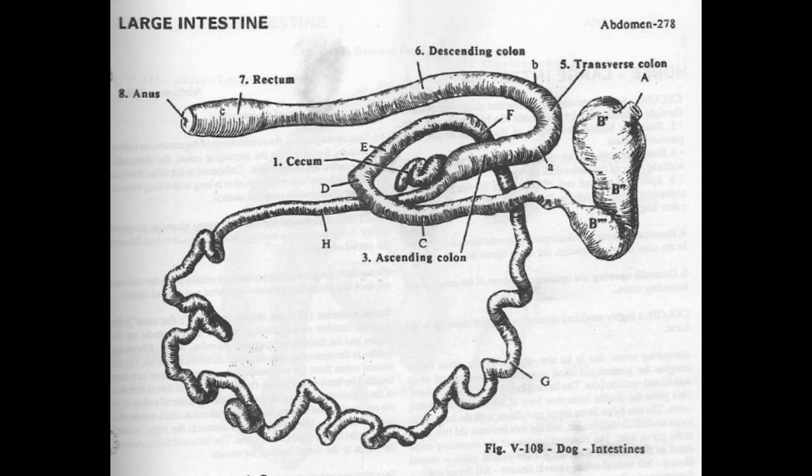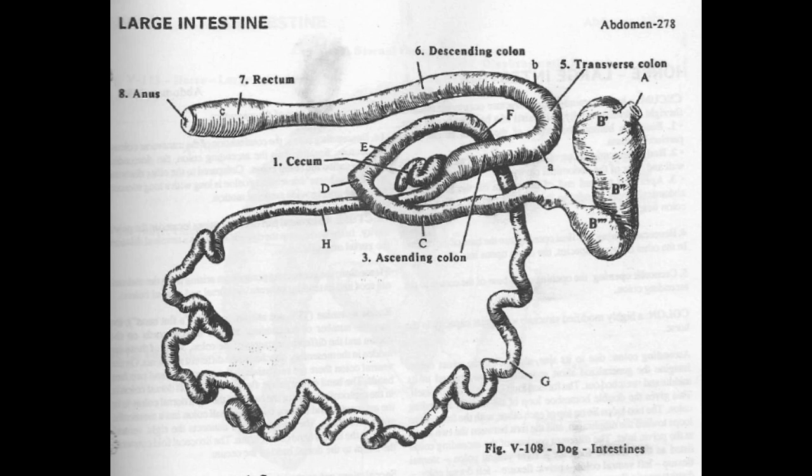After this transverse colon, the last portion of the large intestine extends from the transverse colon caudally on the left side of the dorsal abdomen to the pelvic inlet, and this part is called the descending colon.